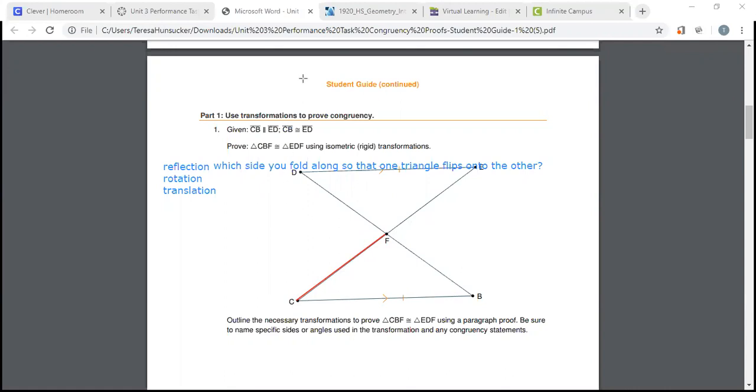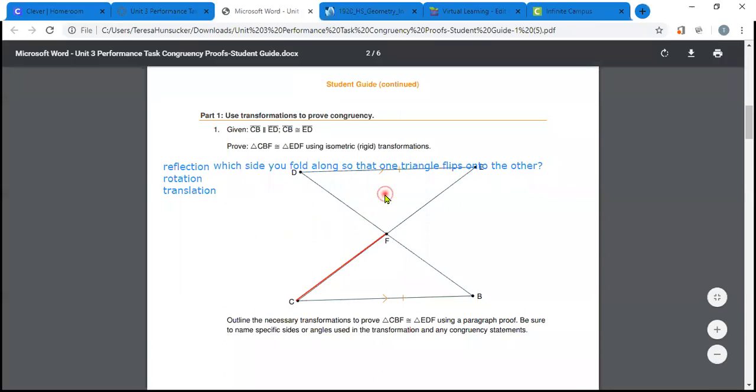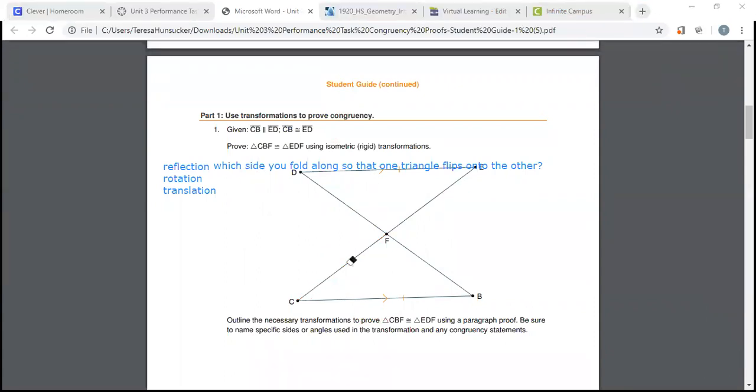It's going to end up somewhere over here and not here. If you try it with any other sides, it's not going to flip onto itself. It's not going to map onto triangle EDF. So with that said, I'm going to erase that as a line of reflection. So this is a no. It's not going to be a reflection.